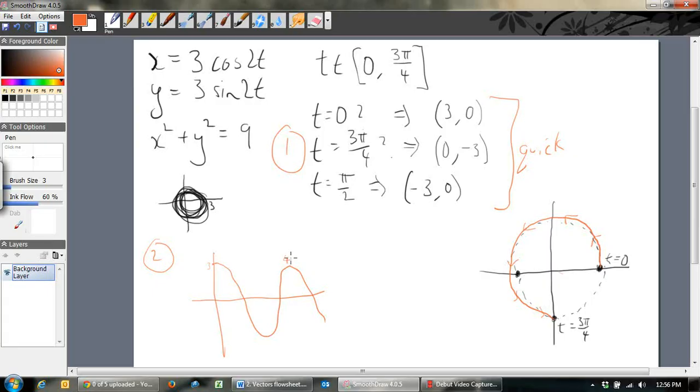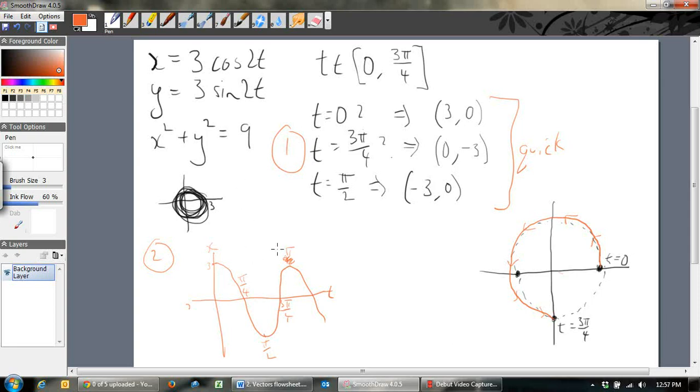Sorry, not 4 pi, 2 pi. And so that means that this is pi on 2, and that's pi on 4, etc. That's 3 pi on 4. That's your function there. That's t, sorry, and that's x.